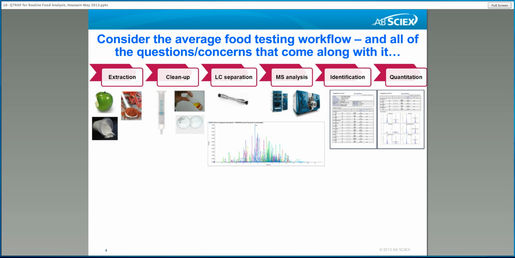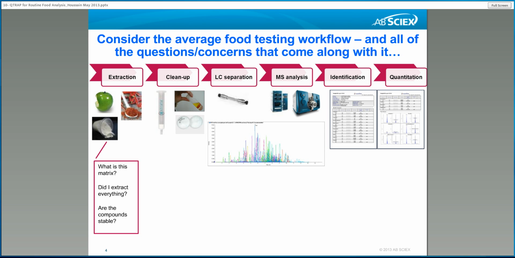Then the residues are detected. In this case, in LC-MS, we use the mass spectrometry detector. Then once you have the data, you need to find the best way to process the data and to identify any residue detected in your sample. And then, of course, most of the time, we want to quantify how much of those residues are found in there.